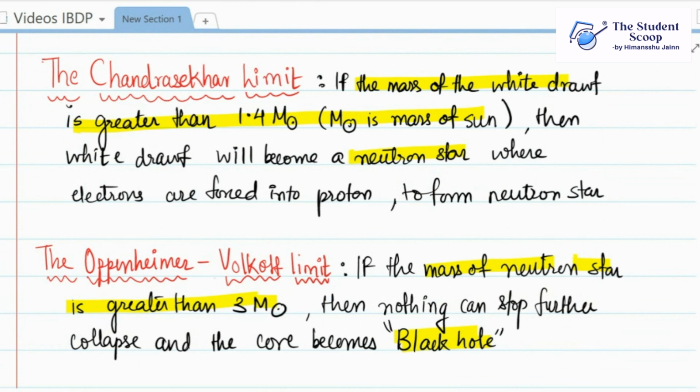If the neutron star is much more massive than 3 times the mass of our sun, then it can be turned into a black hole. So these are the conditions that are mathematically found, and we have also referred to astronomical data to confirm these limits. And this is where the journey or evolution of the star's death, whether it is a white dwarf, a neutron star, or a black hole, can be tested.